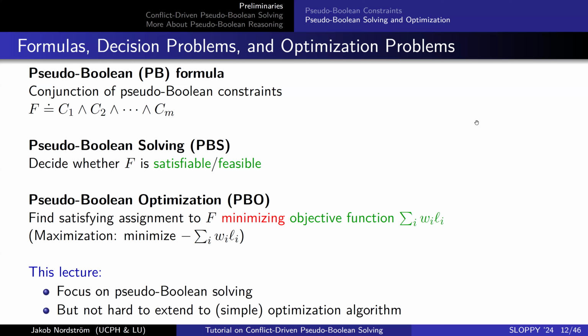This will be another pseudo-Boolean constraint, so I can add it to my formula and resolve for as long as the formula is satisfiable. When it turns unsatisfiable, I know my last solution was the best one. But if you want to do optimization, there are better things you can do. We'll talk about that after lunch. So this is what we talk about for now.